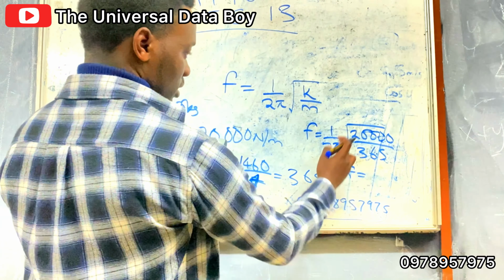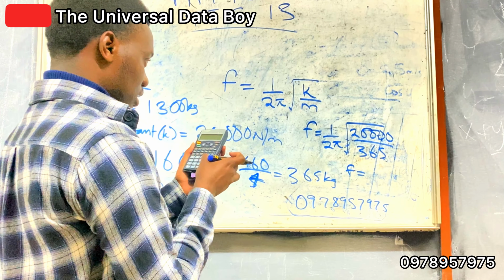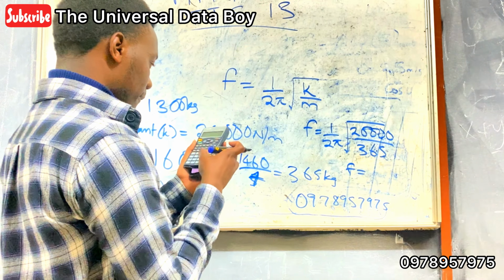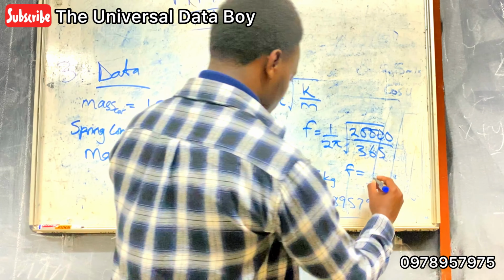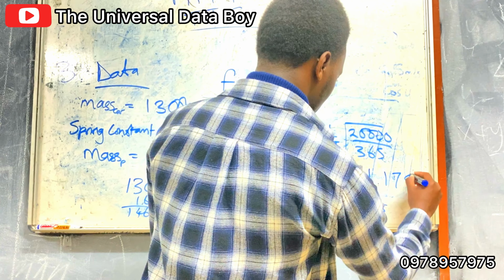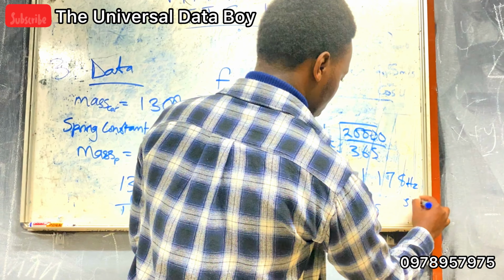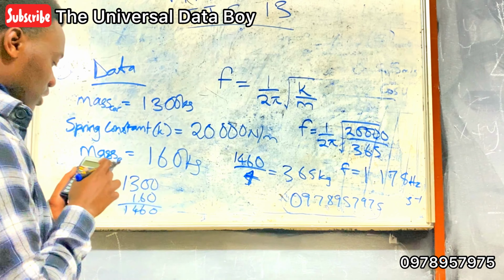Then we divide it by 2 and later divide it by pi, which is going to give us 1.178. Frequency is measured in hertz, or you can put seconds to the power of negative 1.